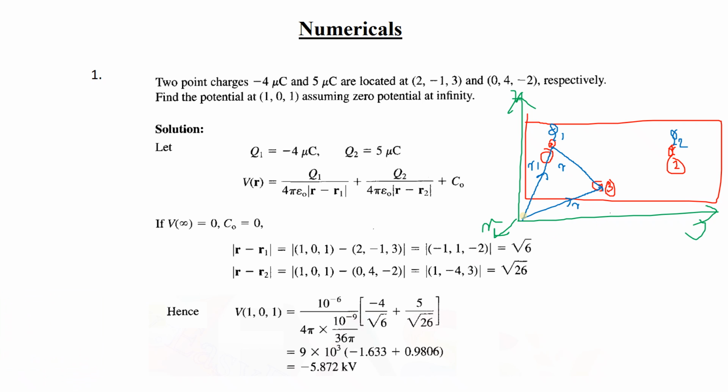Now this distance is r2. What we don't know are these two distances. If I represent them in a separate color, that will be easier for you to understand. If I draw with a green line, this distance and this distance.